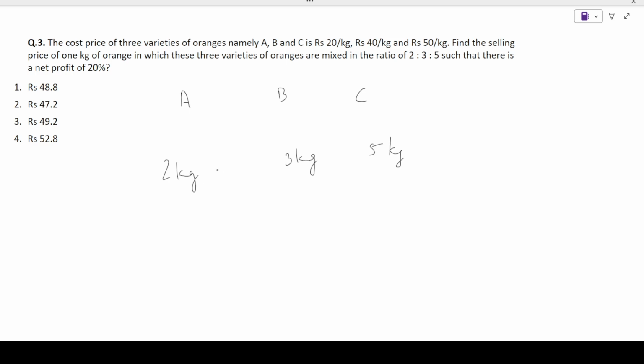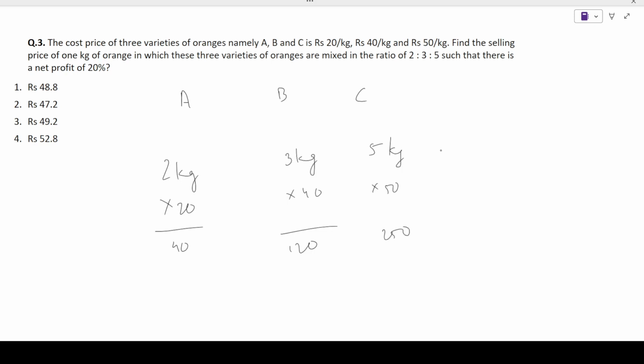So the value of variety A in this mixture is 2 kg into the price, which is 20. For B the price is 40 and for C the price is 50. So 20 into 2 is 40, 40 into 3 is 120, and 50 into 5 we have 250.